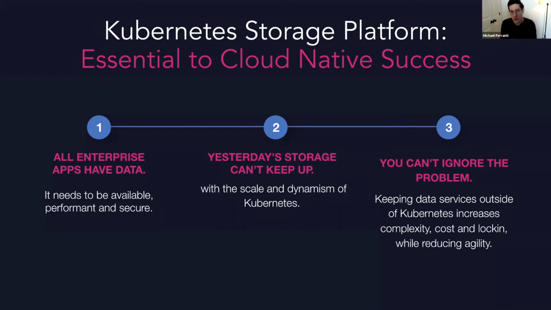The second reason is that if you try to take your existing storage stack that was optimized and runs very well for, say, your VMware apps or traditional applications running in the cloud, there's a mismatch between those relatively static environments and the scale and dynamism of a Kubernetes environment.